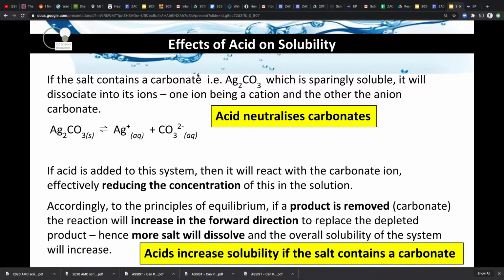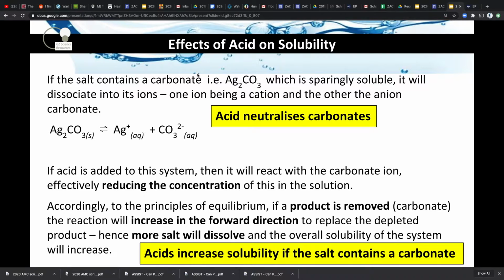So the effect of acid on solubility. This slide's all about acid. We will look at base later on. If the salt contains a carbonate, this is the first of the three equations we just predicted. It will dissociate into its ions, of course, and the acid can neutralize carbonates.